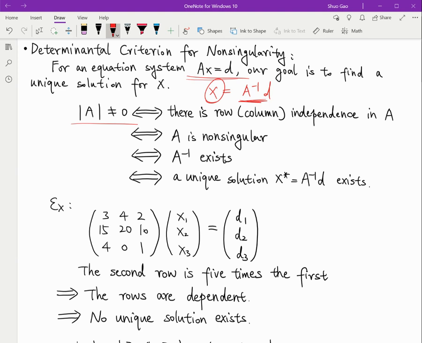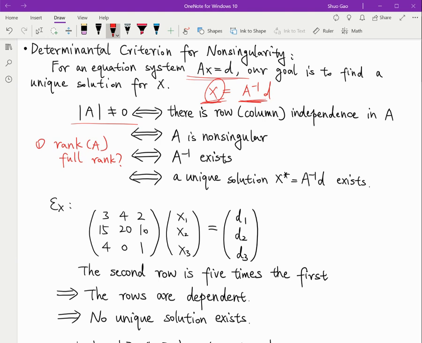If you want to find out if there's a unique solution of x, there are two ways that we can do this. First, we can check the rank of A to see if matrix A is full rank. If matrix A is full rank, that means that the rank of A equals the total number of rows or total number of columns of A. If this is the case, it means that A is full rank.